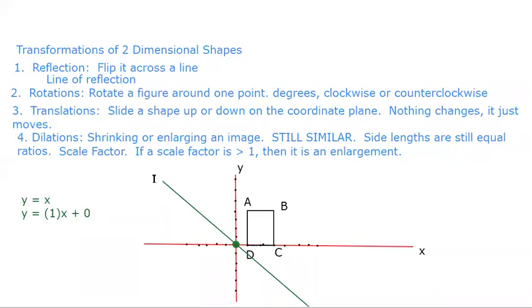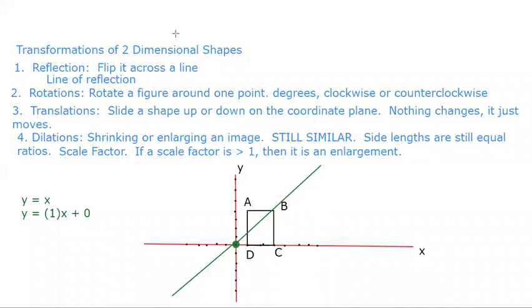You need to know what line that is. Y equals x. Whoops, excuse me. That's y equals negative x. Now, if you're going to reflect something across the y equals negative x line, you're going to count the distance up and over from the line.